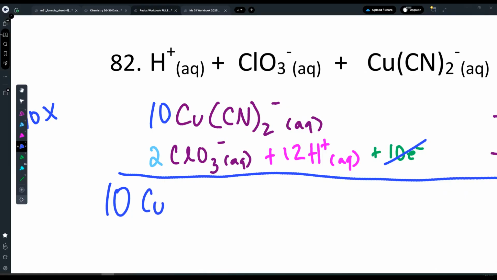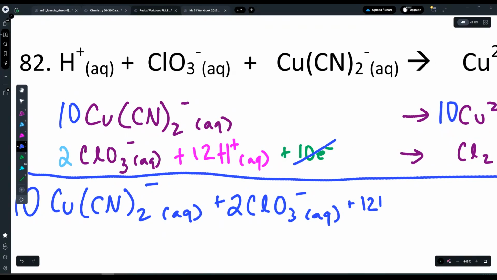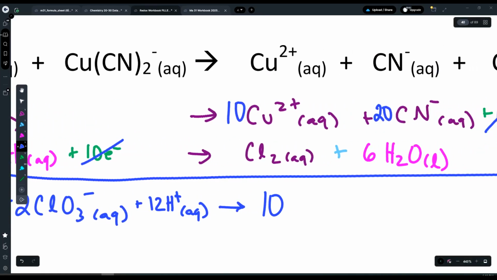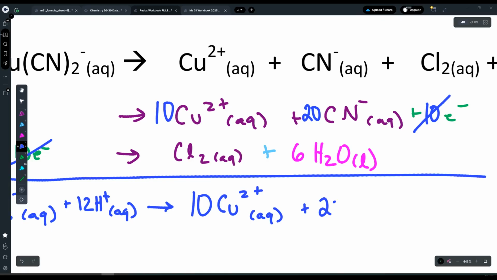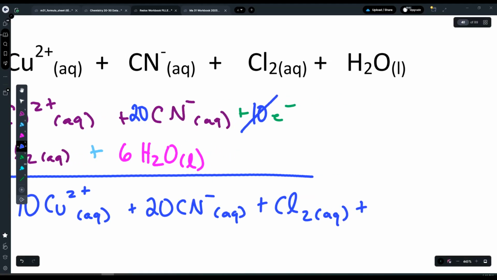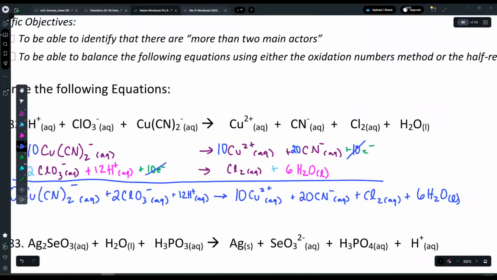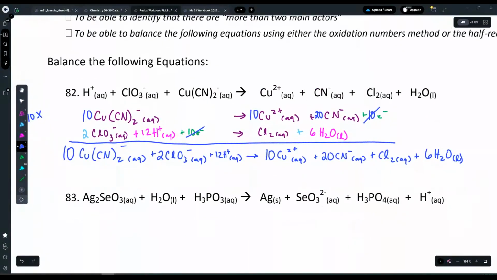So 10 Cu(CN)2 minus aqueous plus 2 ClO3 minus aqueous, plus 12 H plus aqueous gives us 10 copper 2 plus aqueous plus 20 cyanide ions plus chlorine aqueous plus 6 waters. And there you have it.